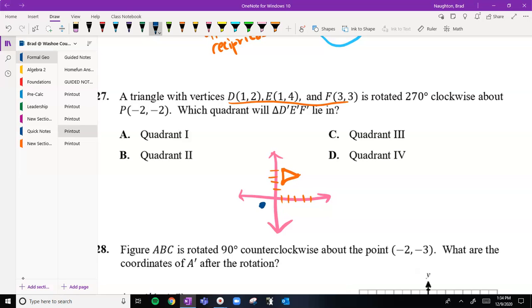And it's 270 degrees clockwise. So if this right here is my coordinate plane, that's 90 degrees into one quadrant. That's 90 degrees into the second quadrant. And then another 90 degrees, or 270, because 90, another 90 is 180, another 90 is 270. I'm clearly in this quadrant right here, quadrant 2.